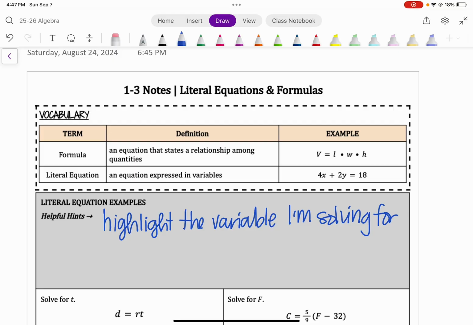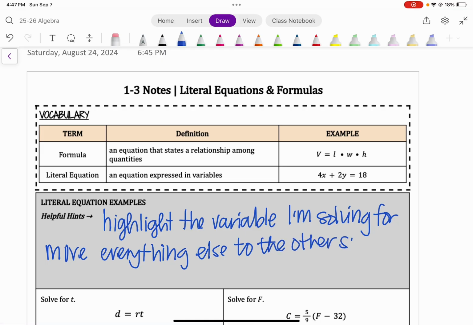And then I'm going to move everything else to the other side of the equal sign using inverse operations.